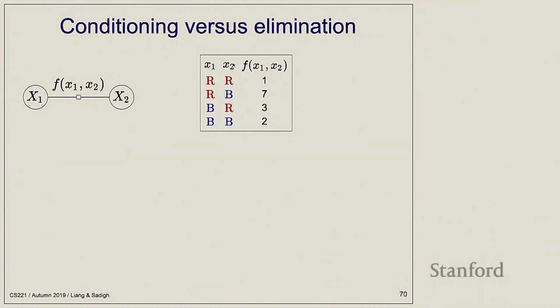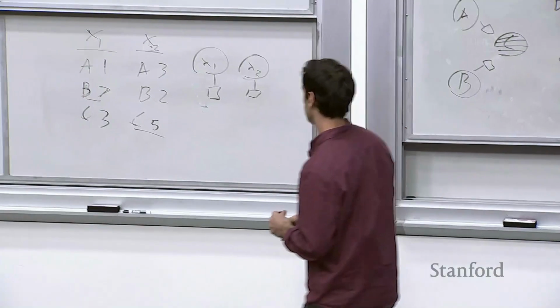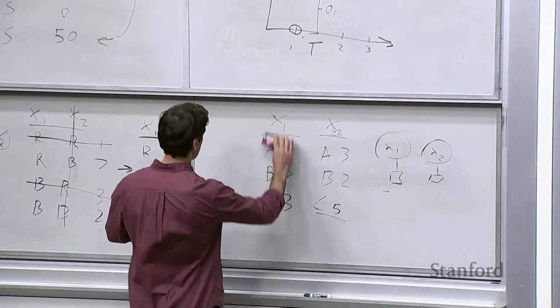So again, we have 2 variables, and they're connected by a factor, and they have these weights. If we condition, we get what we got before. And then if we eliminate, I'll do the elimination now.